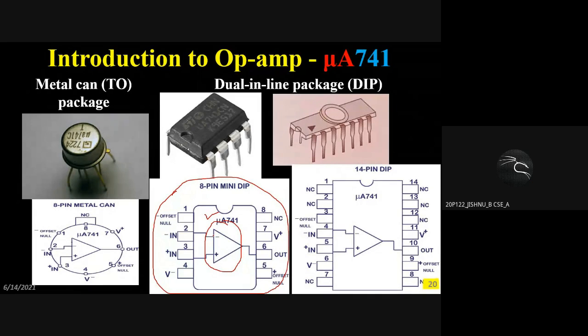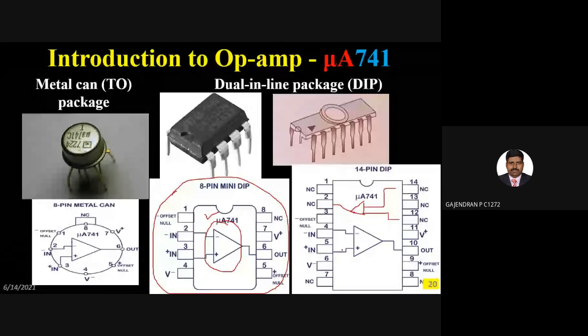Then there are some ICs which are available with more than one operational amplifier. For example, suppose this is your IC. There is a chance that more than one operational amplifier is also available in a single IC itself. So that kind of IC package is also available. For your information only, I explain these things. Clear? So these are the two packages.